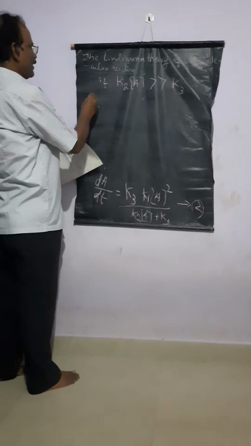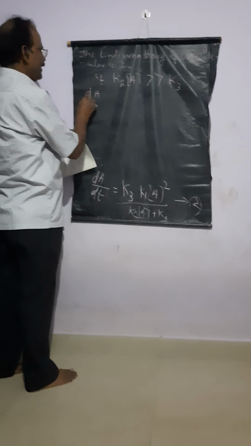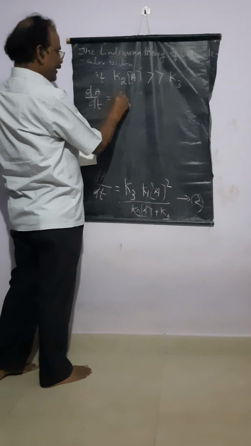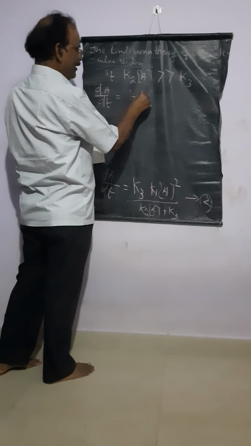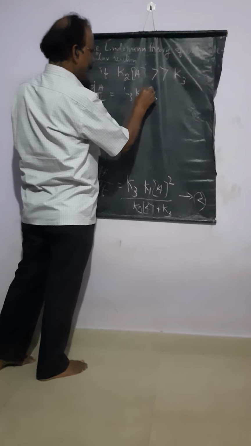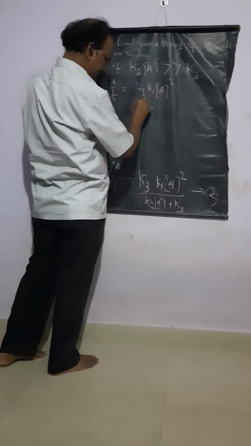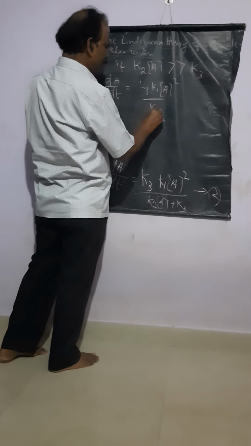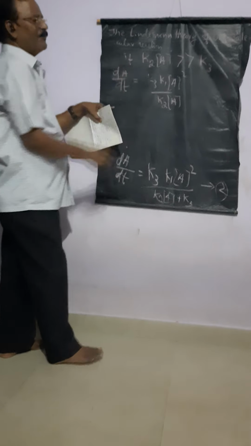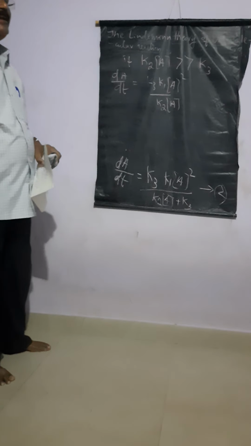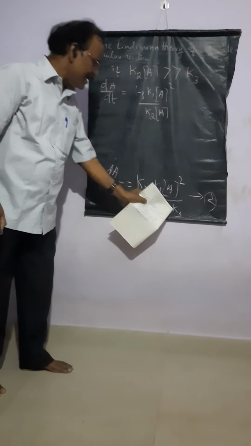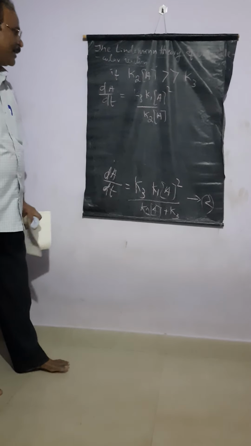Then the equation becomes dA/dt is equal to K3 K1 into A square divided by K2 into A. So at this condition, the concentration of A is very high, that is K2A is very greater than K3, so K3 in equation 2 can be neglected.